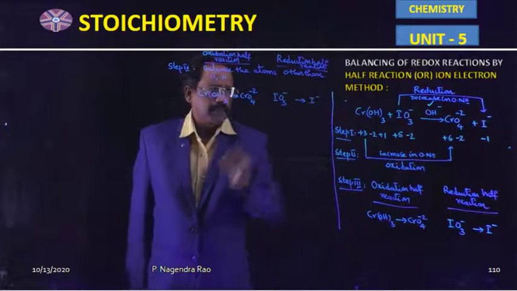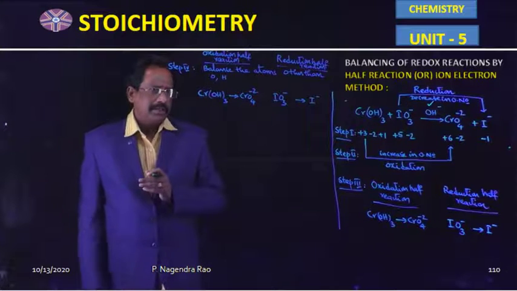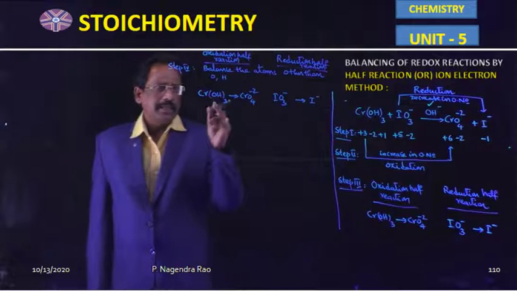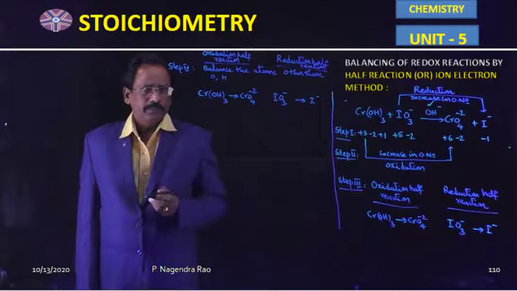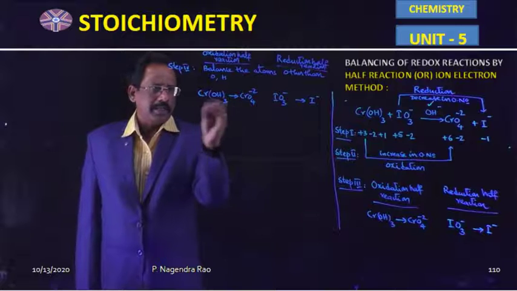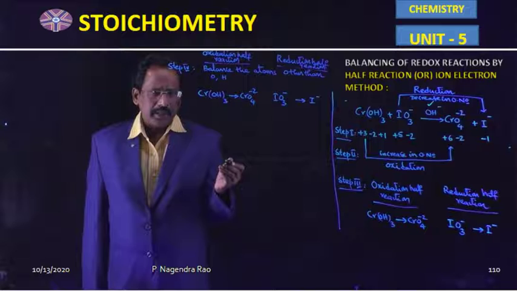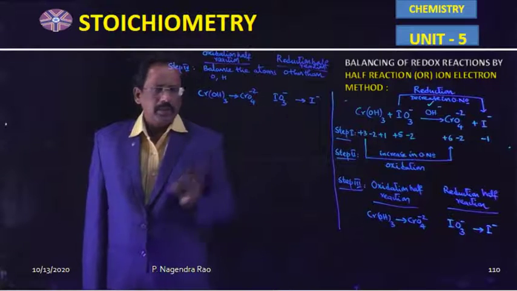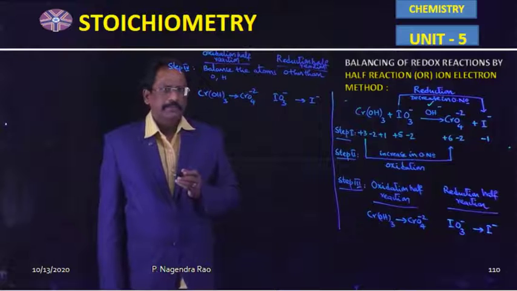In the oxidation half reaction, other than O and H is chromium, already balanced one time and one time. In the reduction half reaction, iodine and iodine are also balanced already.